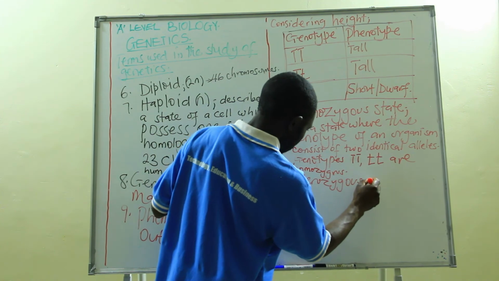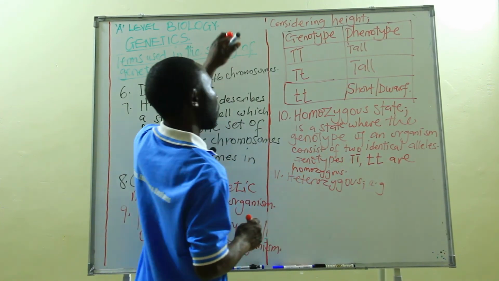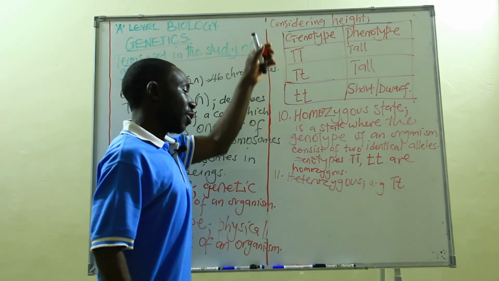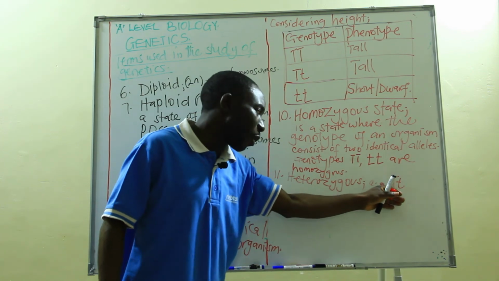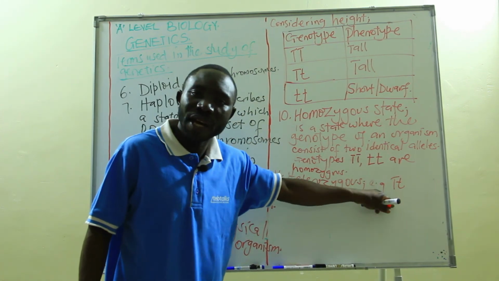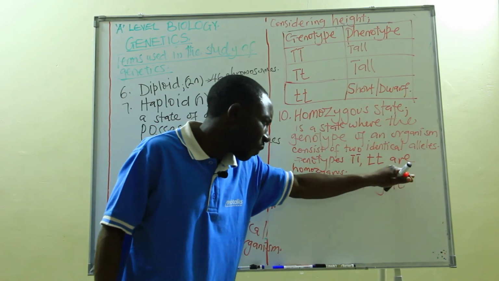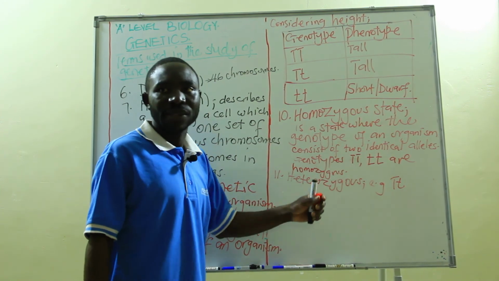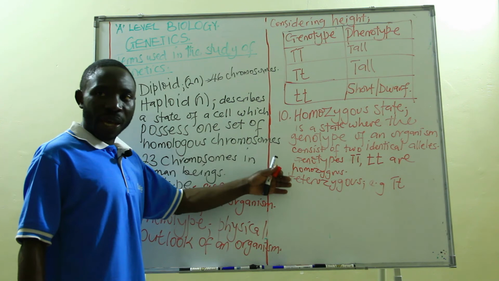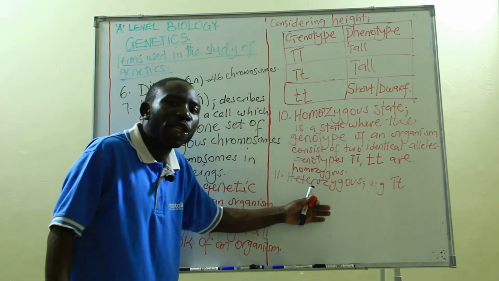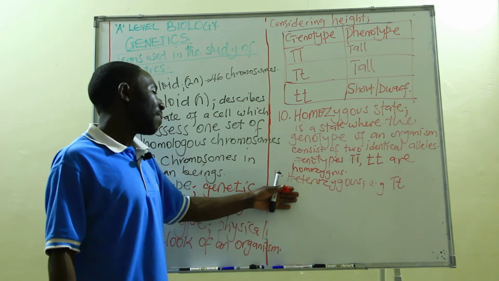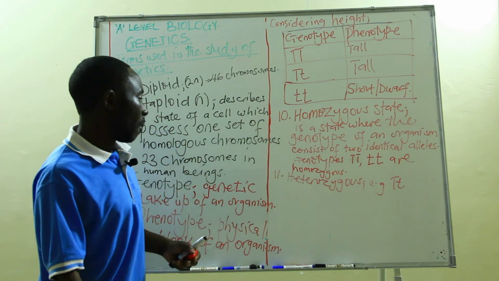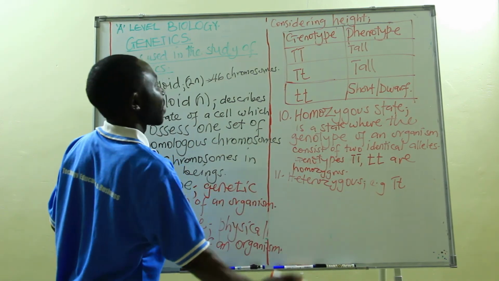For example, genotype capital T small t is said to be heterozygous because it comprises of the dominant allele and then the recessive allele. Or you can simply say heterozygous is a diploid condition where the alleles are non-identical. That is what we call heterozygous.